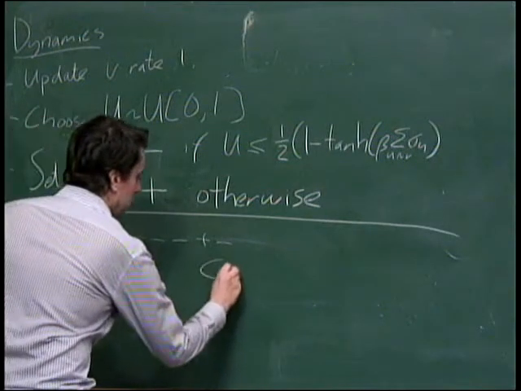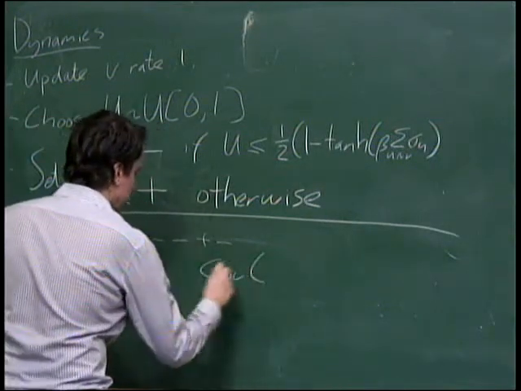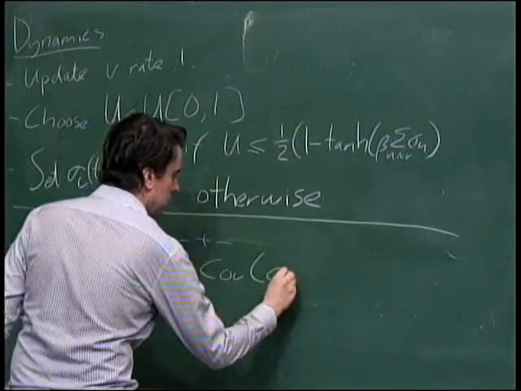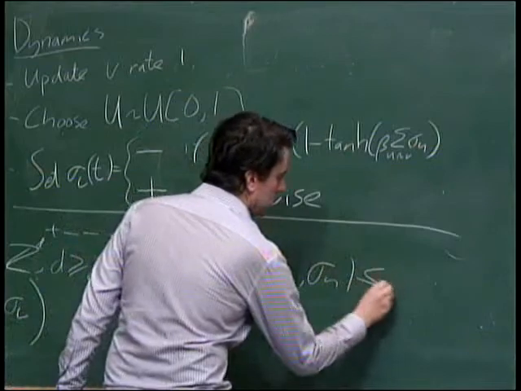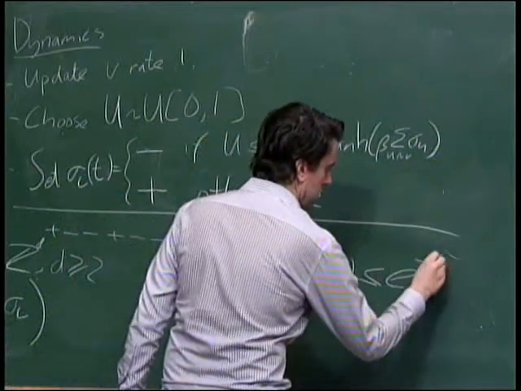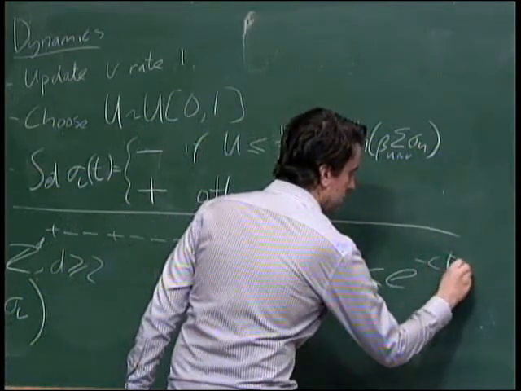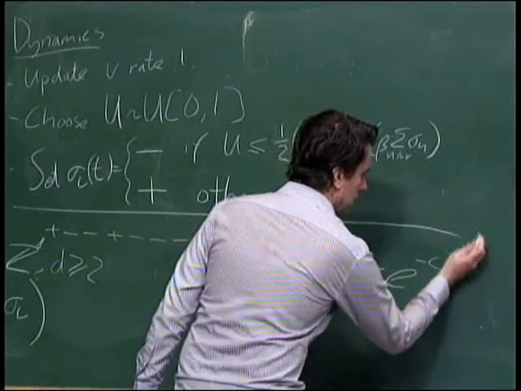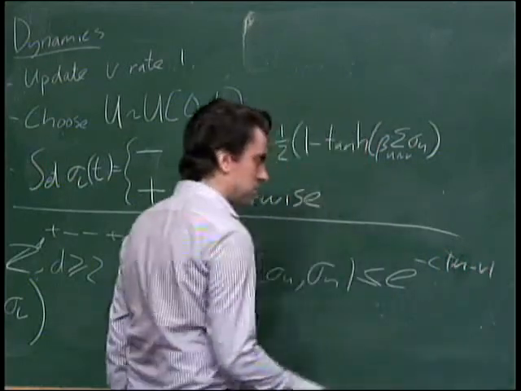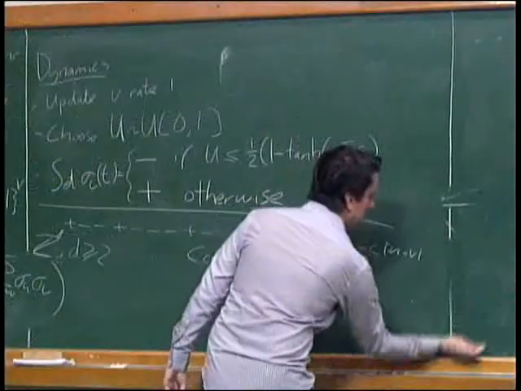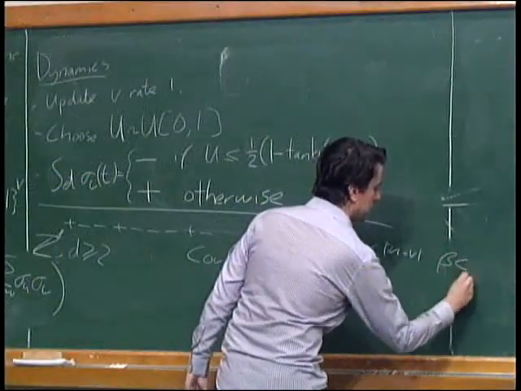And actually the covariance of sigma_u and sigma_v will decay exponentially in the distance when beta is less than beta_c.